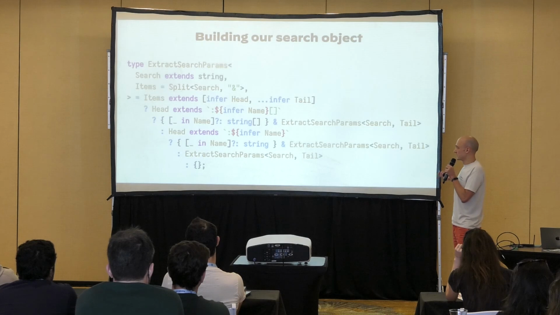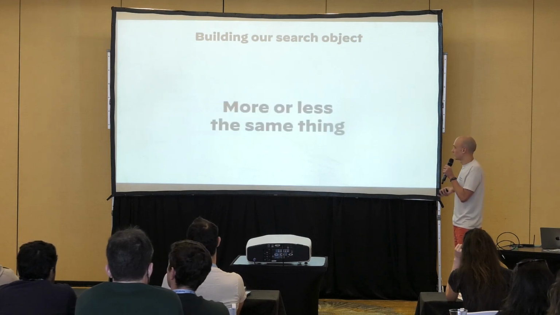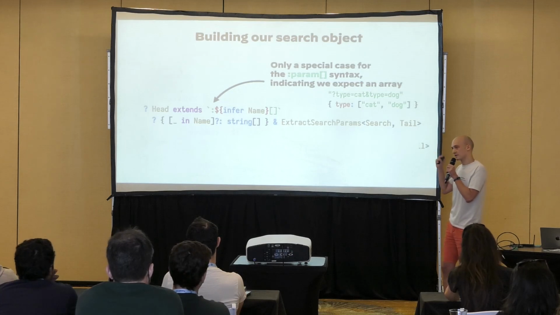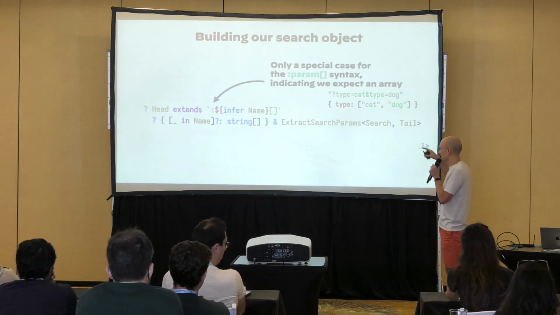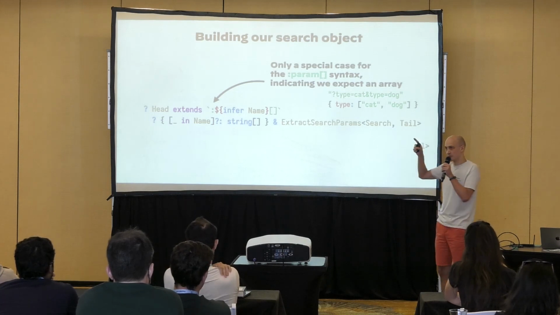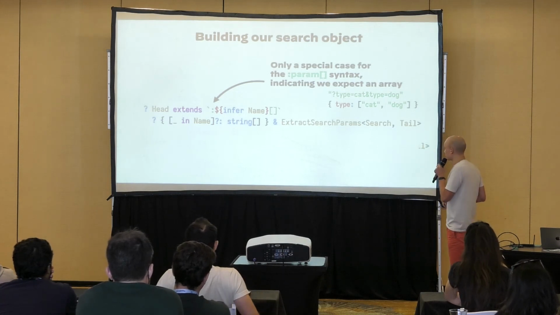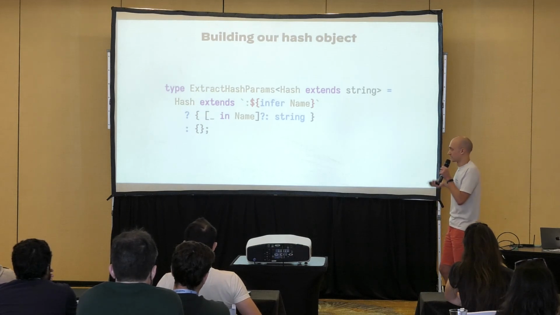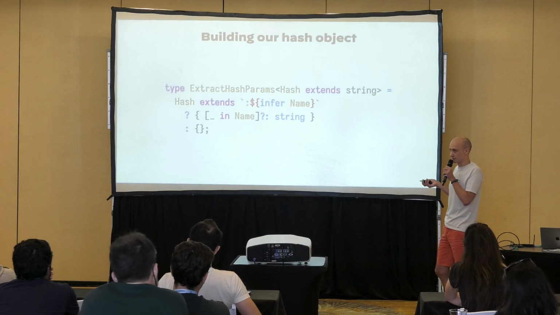Same for search, actually. Approximately, we just add a new condition to check if it ends with two brackets, because a search param could be an array. And hash is pretty simple, it's a unique value, so we just check if it starts with two dots.